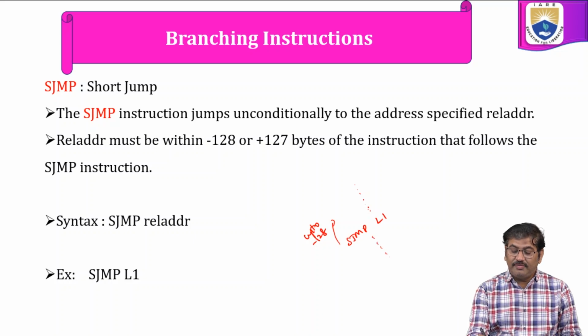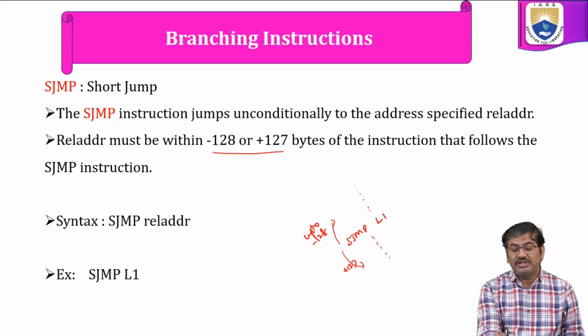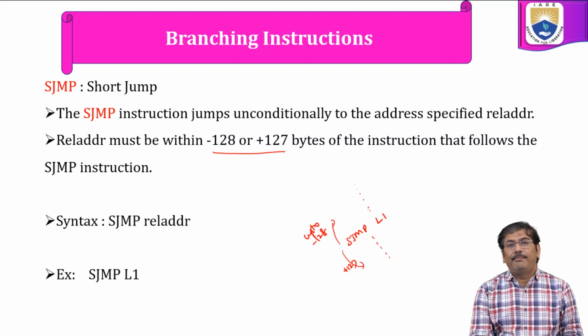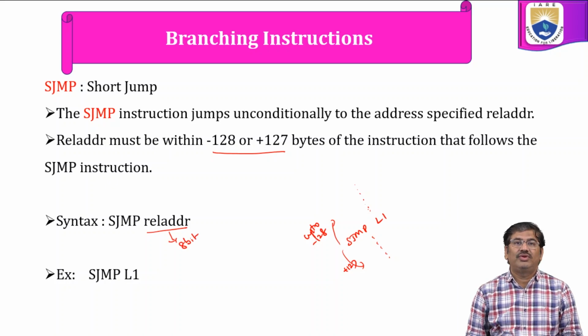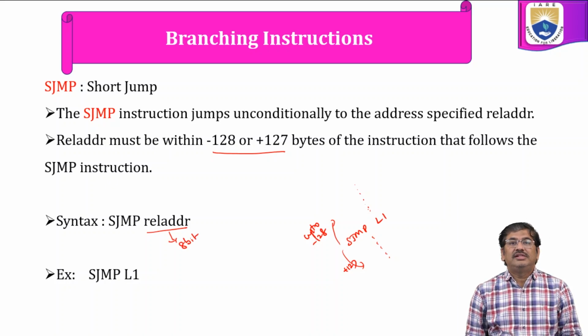In the downward side, the control may be transferred up to 127 locations. So for SJMP, the relative address has a span of minus 128 to plus 127, which is a width of 256 locations. So this relative address has a width of 8-bit size. The syntax of the instruction is SJMP L1.